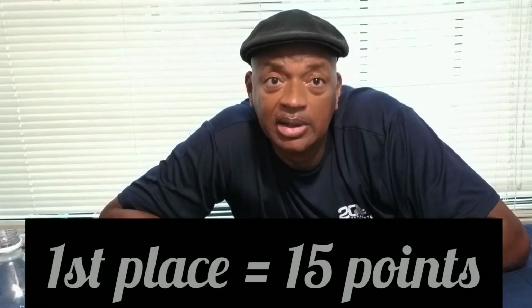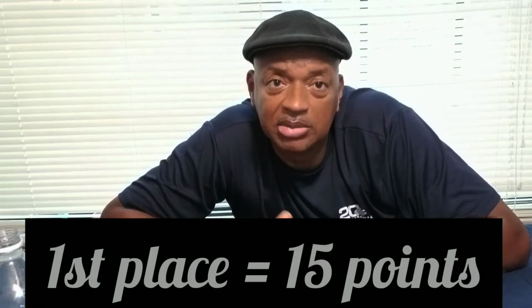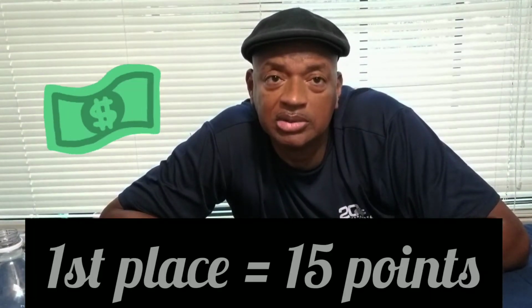What I do in my classroom is when the groups begin constructing the model, I tell my kids before they start, okay, look, we're going to make this into a competition. Everyone's going to receive a daily activity grade on this. However, I'm going to give you extra credit points. The first group that constructs the model properly will receive 15 extra credit points toward your lowest grade, whether it's a daily grade or a major grade.